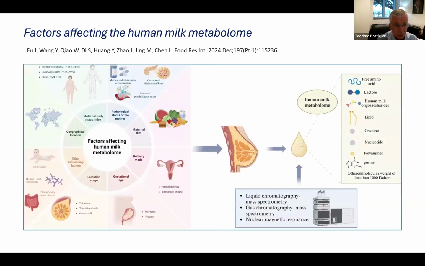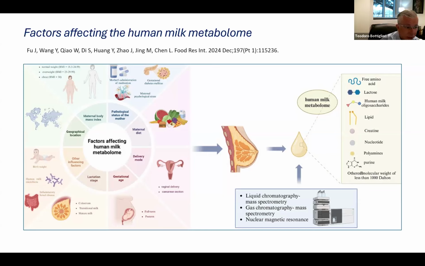The factors that affect the human milk metabolome can be even more complicated. As we can see here, from a publication by Fu et al. in 2024, the factors that can affect the milk metabolome are multiple.